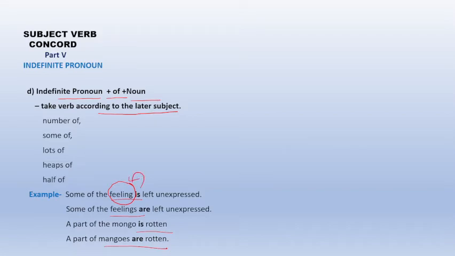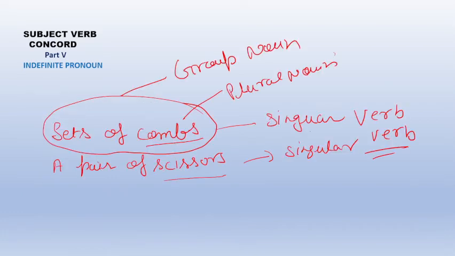But if we are having sentences in the formation of a group noun connected with or, in such conditions we will have only a singular verb.